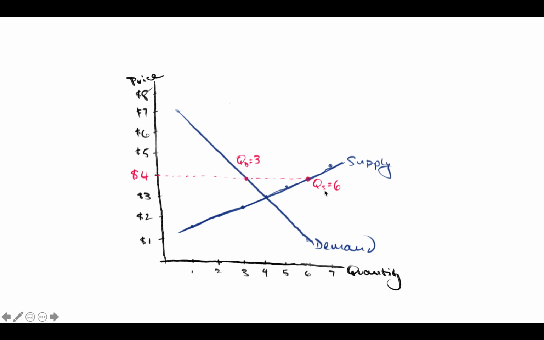And I would want to sell 4 slices. But the demand curve tells us how much consumers are willing to purchase at that price. And the quantity demanded at a price of $4 is only 3.